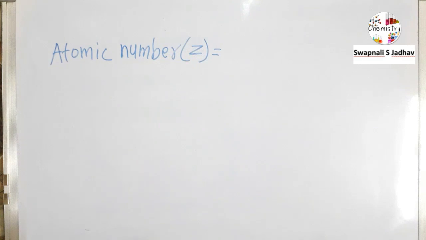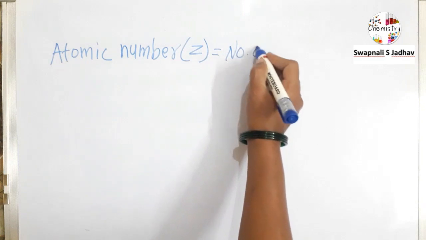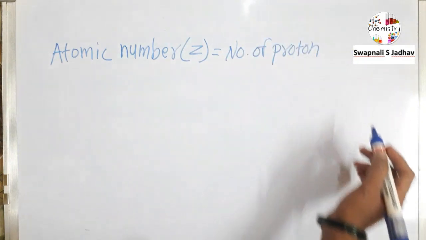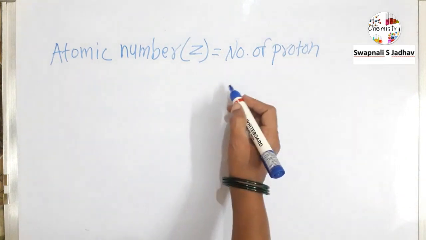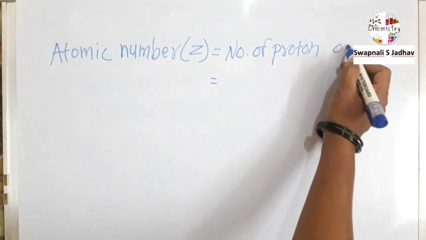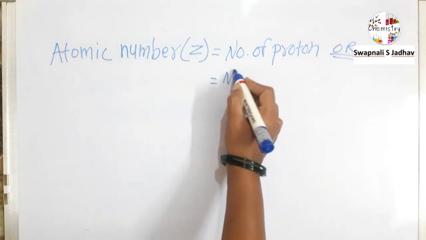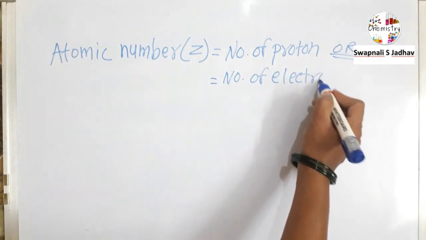The number of protons in the nucleus is nothing but the atomic number of the element. Always in atom, number of protons and number of electrons are equal. Therefore, atomic number is nothing but the number of protons or number of electrons.